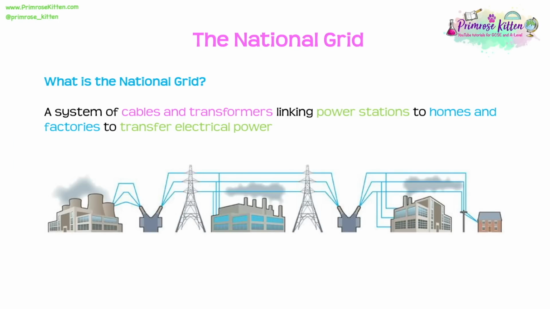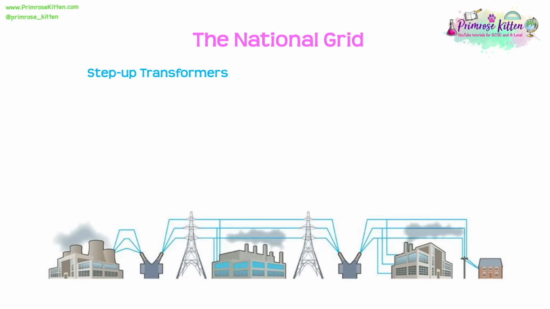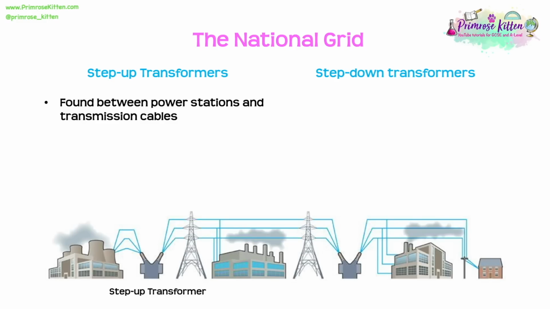The national grid is a system of cables and transformers linking power stations to homes and factories to transfer electrical power. We're going to find 2 different types of transformer within the national grid. We're going to find step-up transformers and step-down transformers. Step-up transformers are found between power stations and transmission cables.